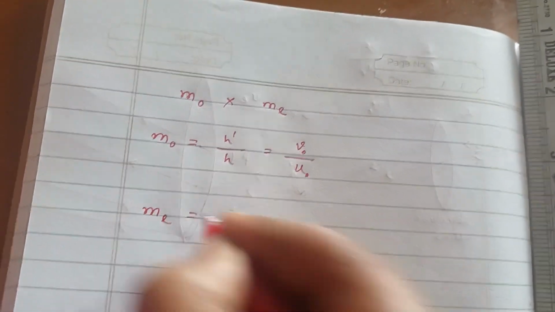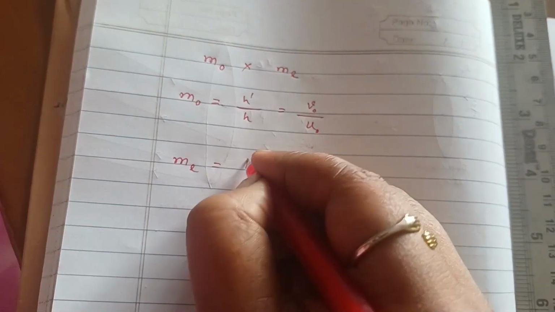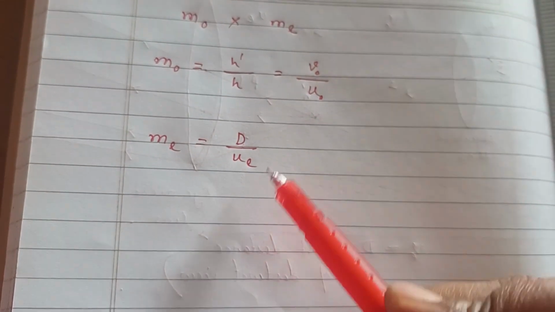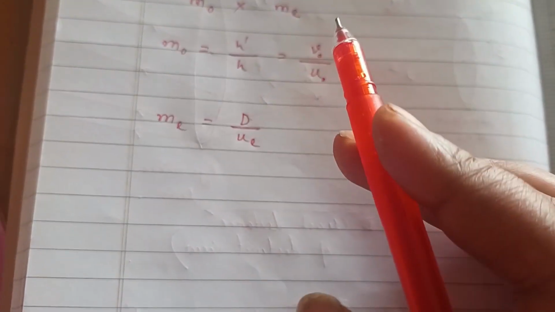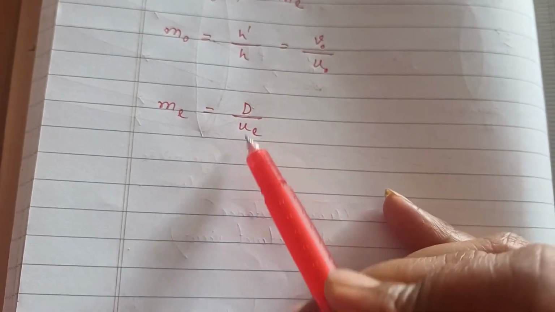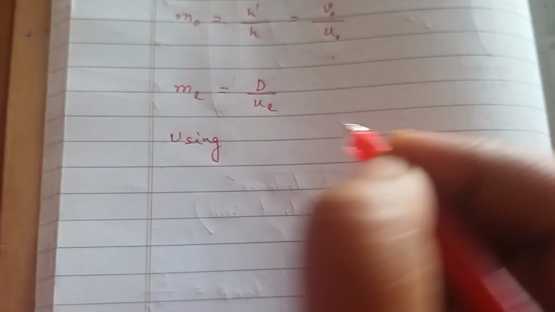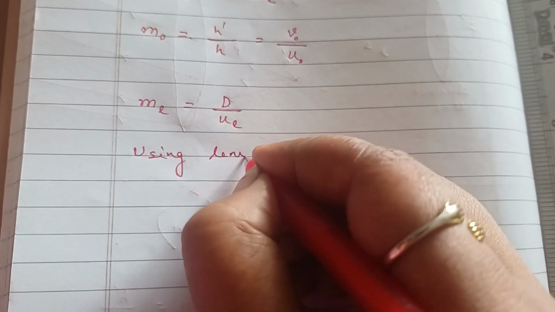ME. ME was what? ME was D by UE. Okay, so we could have kept it over here like this, but for D by UE we have to find out a proper relation. So D by UE we will not keep like this, we will use the simple lens formula.